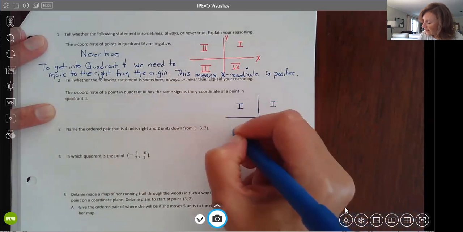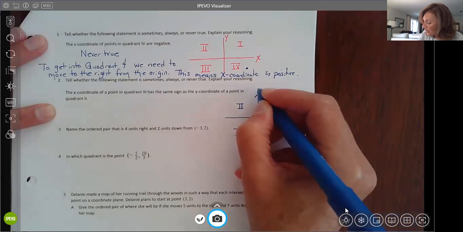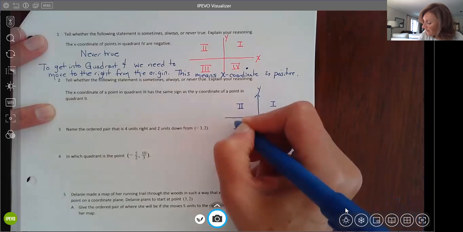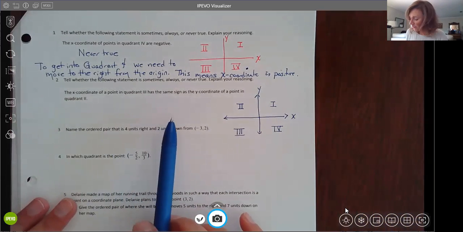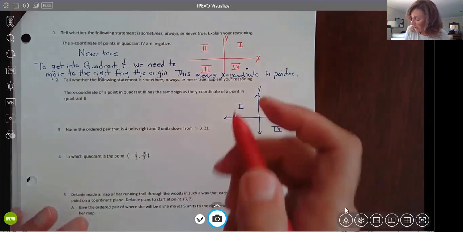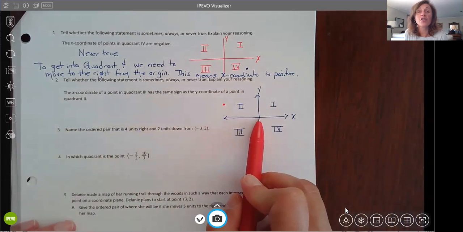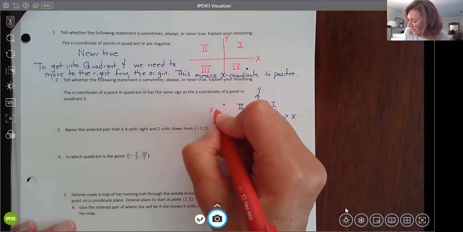So here are my labels, 1, 2, and 3, and 4. This is y, this is x. All right. So the x coordinate of a point in quadrant 2. So if I'm over here in quadrant 2, I had to have gone to the left first. So that means x is negative.